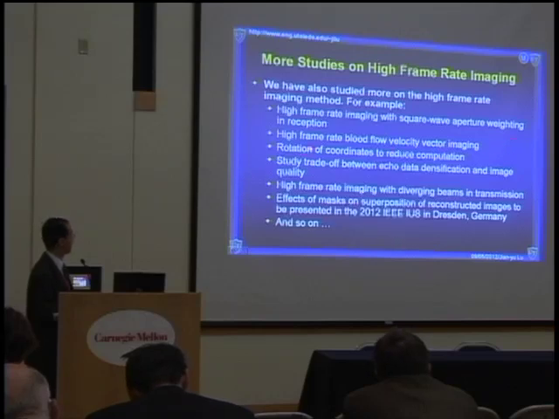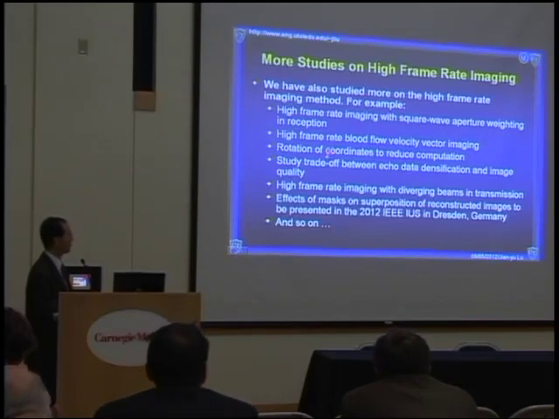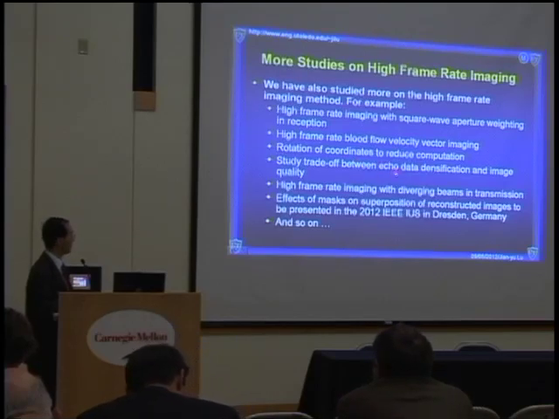And also we could rotate the axis in the receiving aperture so that we can further reduce the computation in image reconstruction. And also study the trade-off between echo densification and image quality. That means we can use different echo density to do the interpolation to get different image quality.